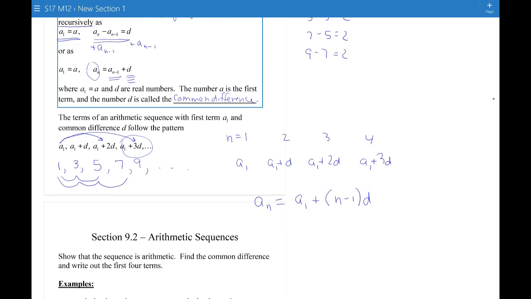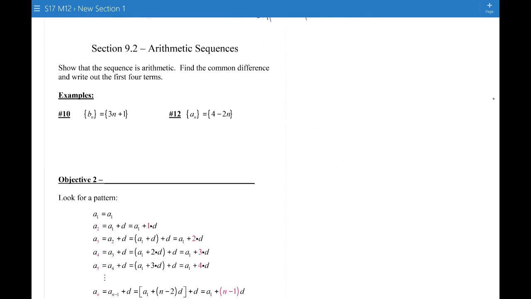So we're going to look at some sequences, and first we're going to show that the sequence is arithmetic. What I do is the opposite order of what this problem says, I would write out the first 4 terms. So let's see, when n equals 1, I'm going to get 4. When n equals 2, I get 7.